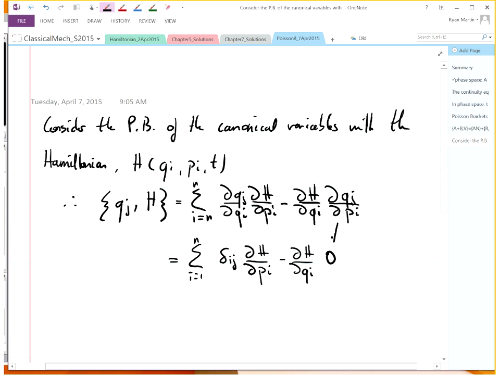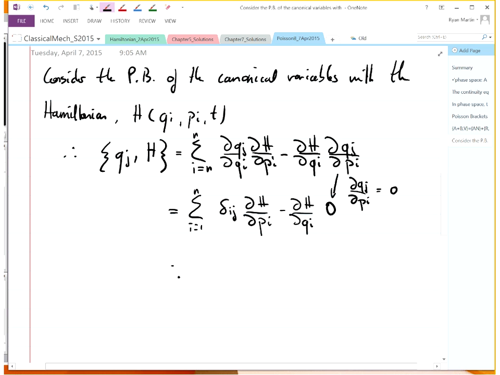Since they're completely independent of each other, that's always equal to 0. So ∂qj/∂pi is always equal to 0, no matter what j and i are. So the second term is just 0.